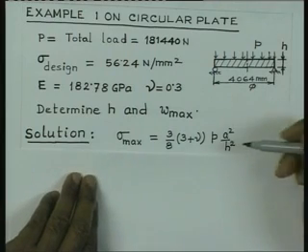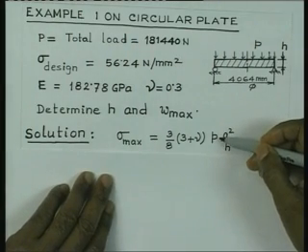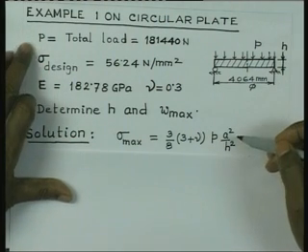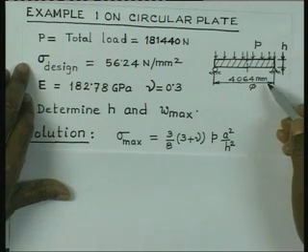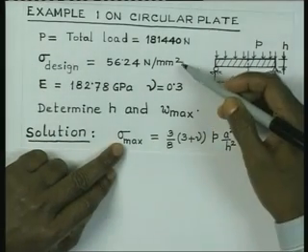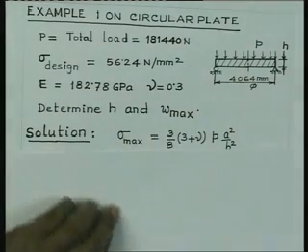Here, what is given is that you have to get p from the total load and the diameter, and a is already specified, and sigma maximum happens to be limited by the design stress, and therefore, the only unknown is h. So, you can calculate it.